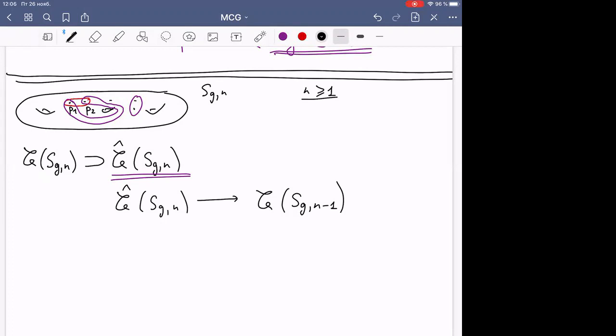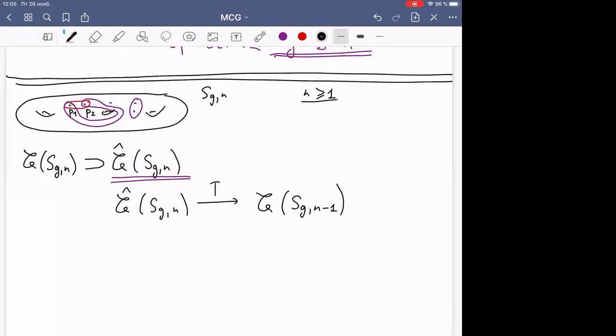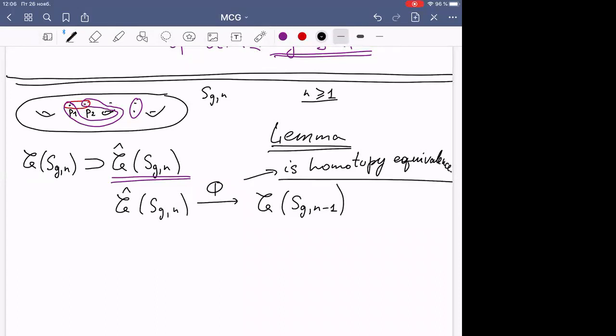So this is a natural map phi, and the lemma, which we have used last time but didn't prove yet, is that this phi is a homotopy equivalence. And now let us prove this lemma.